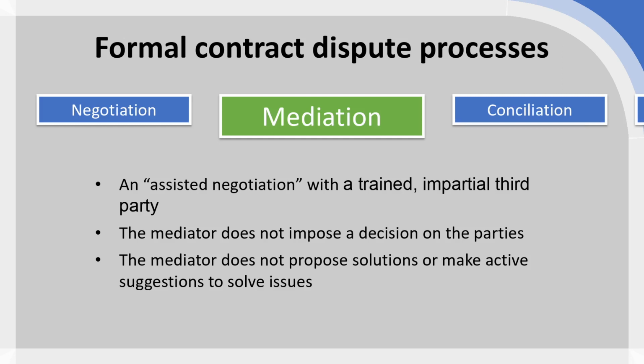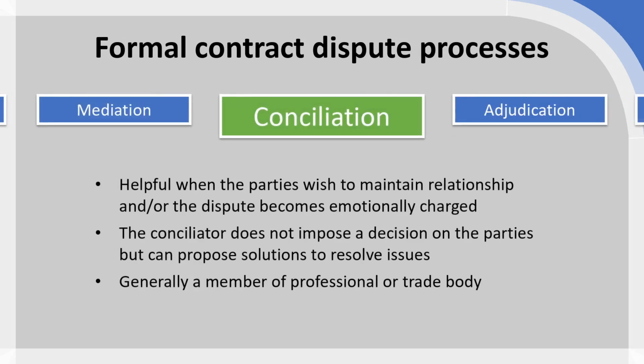It is mostly still the same for a conciliation process, but there are still some significant differences. Here, a conciliator, generally speaking, will be a member of a professional trade body, so they will have some insight into the actual material relevance of the dispute or related facets of the dispute.